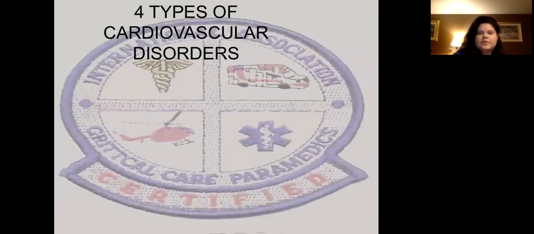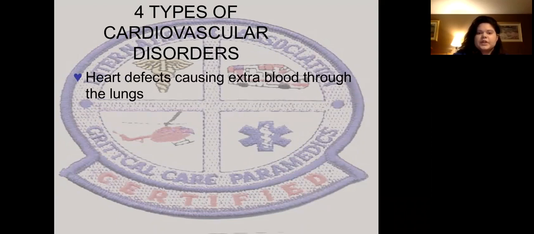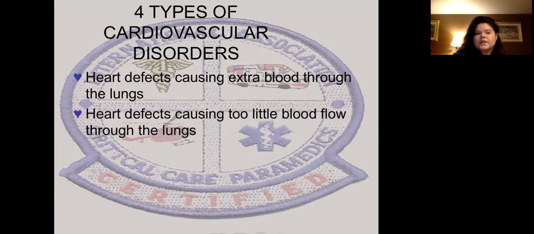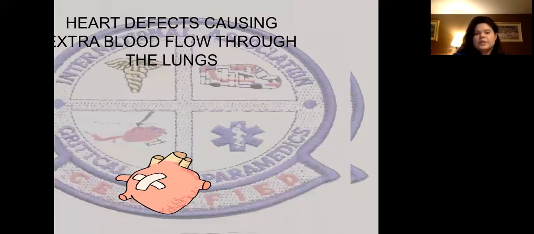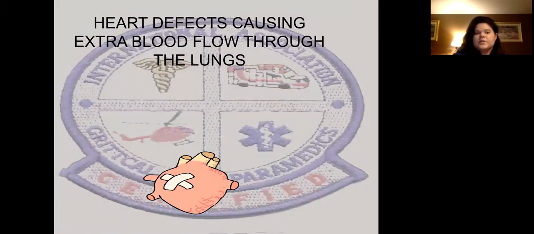There are 4 types of cardiovascular disorders. There could be heart defects causing extra blood flow through the lungs, anything that causes an obstruction to blood flow, or different complex heart defects, which could be a mixture of the various ones.